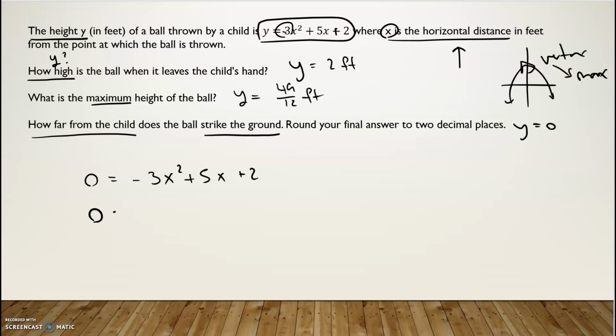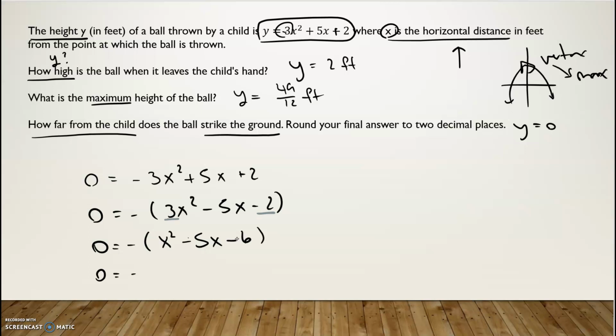Okay, so I'm going to factor out a negative first. Actually, I'm going to first write it without that leading coefficient, and then multiply the leading coefficient with this over here. So that's going to give me negative 6. Then I'm going to factor that.